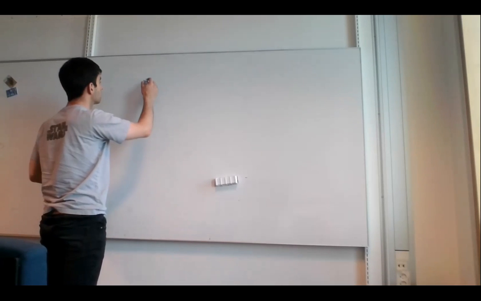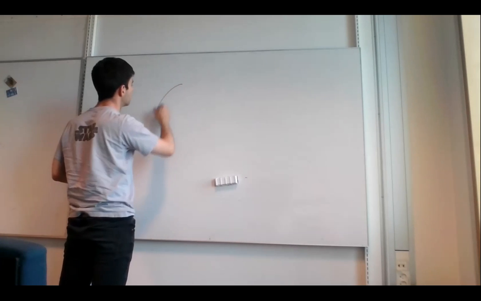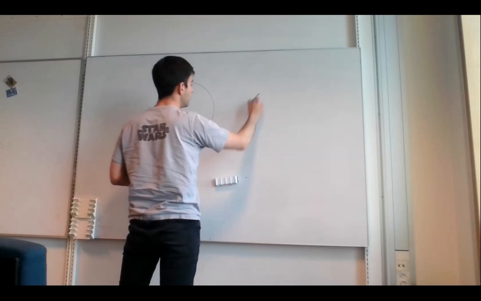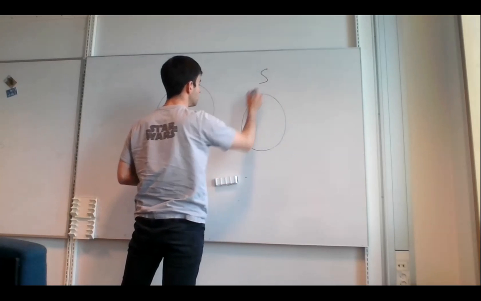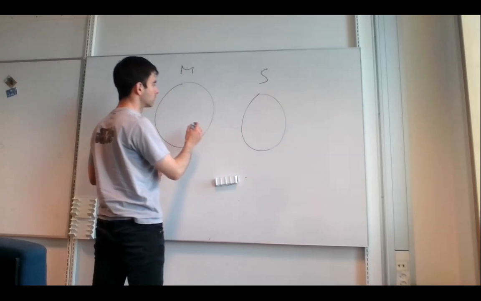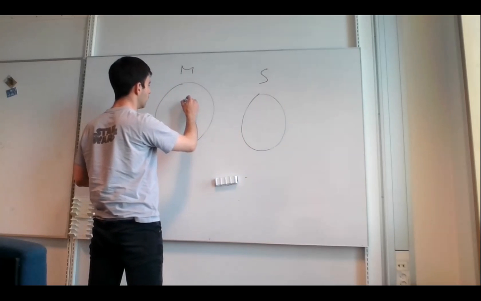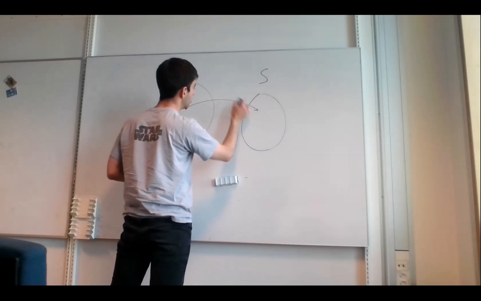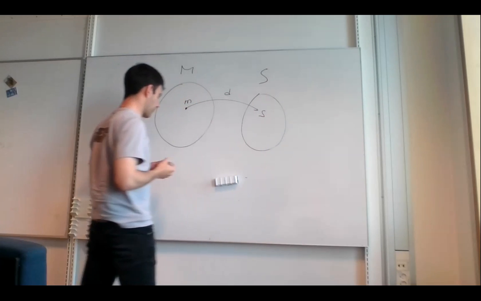You have here the set of all possible messages, and you have here the set of possible signatures. When you use RSA, the honest signer will take the message, and then applying d will compute some signature.